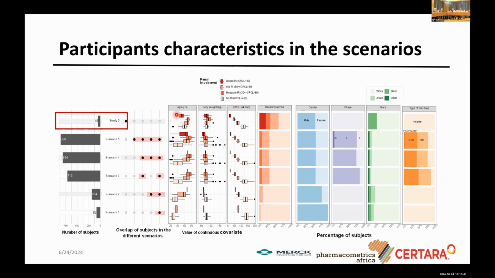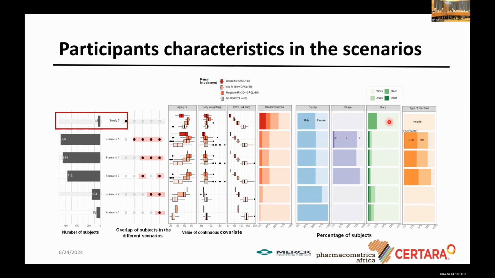What we can see here is that in all these studies that have healthy participants, some do have mild renal impairment. As we go further, we could see that study 5 also had the 18 healthy participants, and then here we have those that have severe renal impairment in this group. For gender, the first scenario was predominantly male participants, and overall there is a preponderance of male participants compared to female participants.